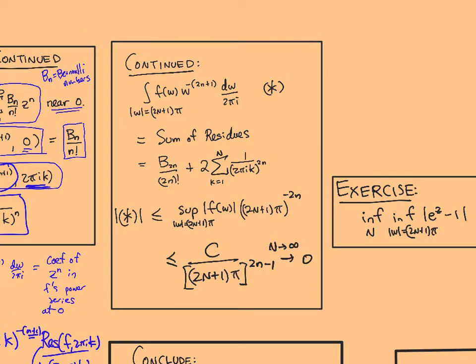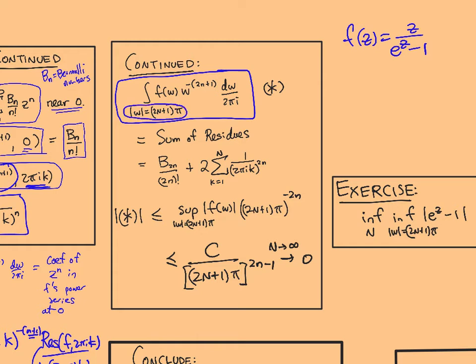Okay, now we're actually going to apply the residue theorem. So consider this integral of our function f, and again, here's f. And I'm going to integrate along this circle here to avoid poles, because the poles only occur again at 2 pi i k, for k not 0. So if I'm at an odd multiple of pi, I'm not going to hit any of the poles.